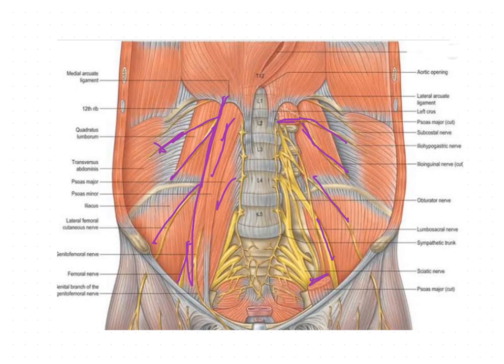All these four nerves come in the same order: first the iliohypogastric, ilioinguinal, then the lateral cutaneous nerve of thigh, and then the femoral nerve, emerging out of the lateral border of the psoas major muscle.